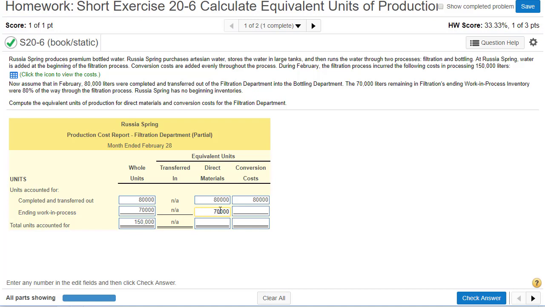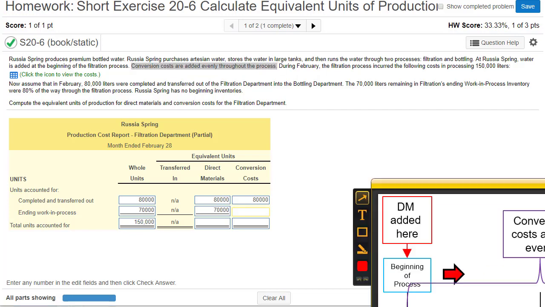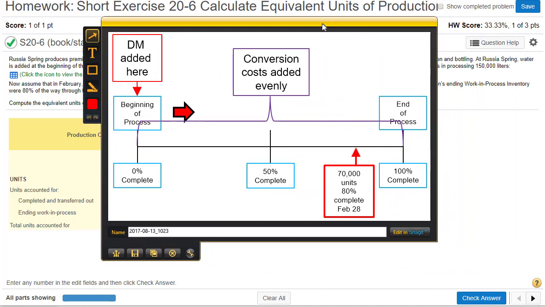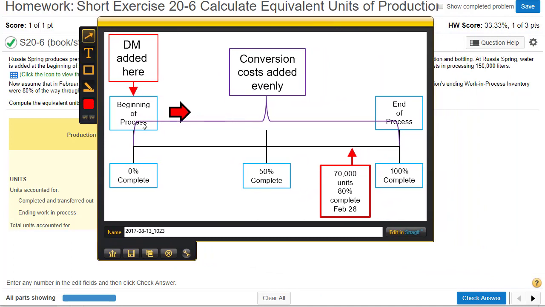All right, simple enough. Now let's go to conversion costs. Conversion costs are added evenly throughout the process. So here's another version of our timeline. So notice I've added this purple part. Conversion costs are added evenly.